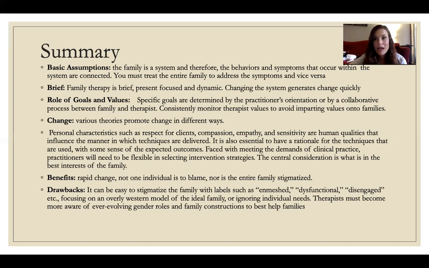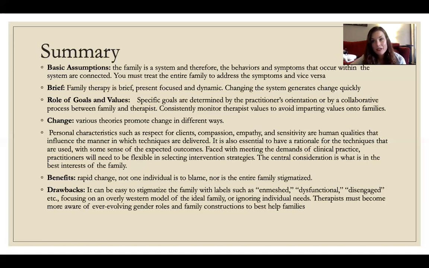So we want to be compassionate, empathetic, sensitive. We also want to have a rationale for the techniques that we use and some sense of the expected outcomes. Faced with meeting the demands of clinical practice, practitioners will need to be flexible in selecting intervention strategies, with the central consideration being what is in the best interest of the family.